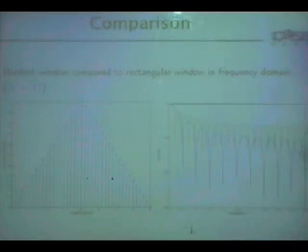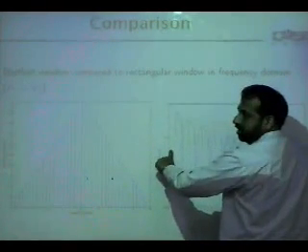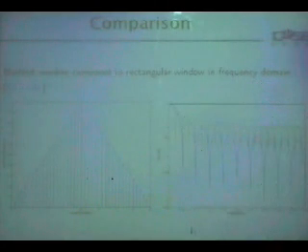But the rectangular window gives you the best transition band, a very sharp transition, but then very high ripples in the stop band. This is the trade-off. You get better performance in the stop band, but you compromise on the transition band.